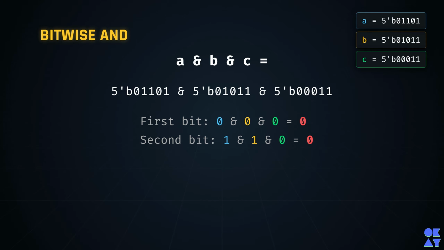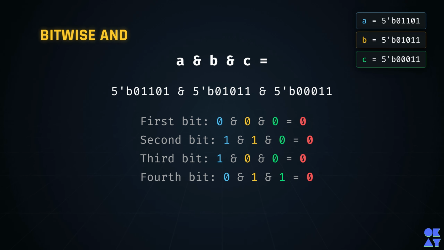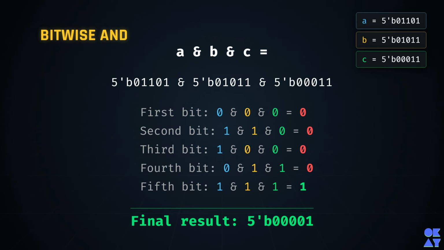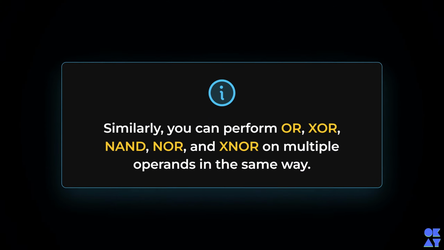Second bit, 1 and 1 and 0 is 0. Third bit, 1 and 0 and 0 is 0. Fourth bit, 1 and 1 and 0 is 0. Fifth bit, 1 and 1 and 1 is 1. Final result, 5'b00001.